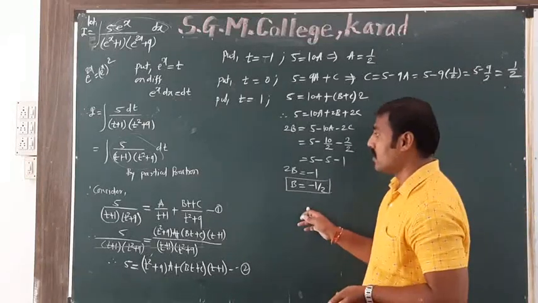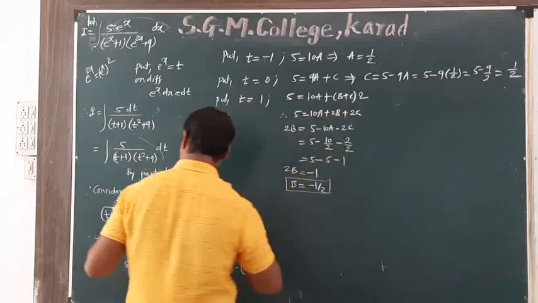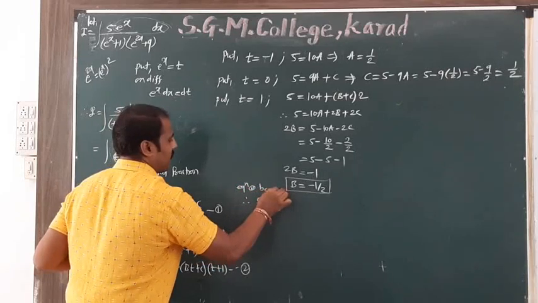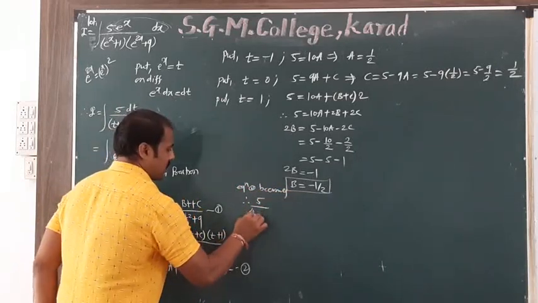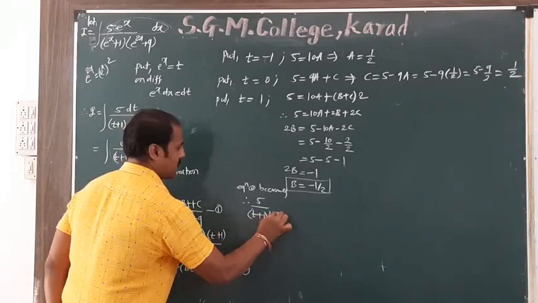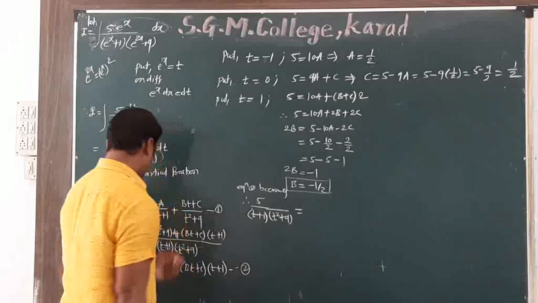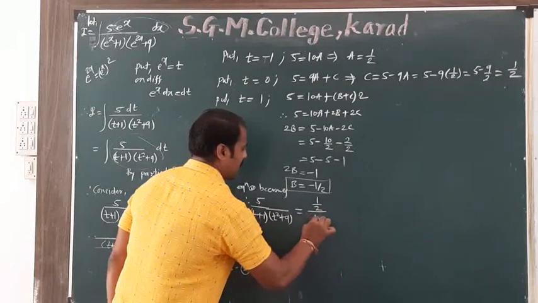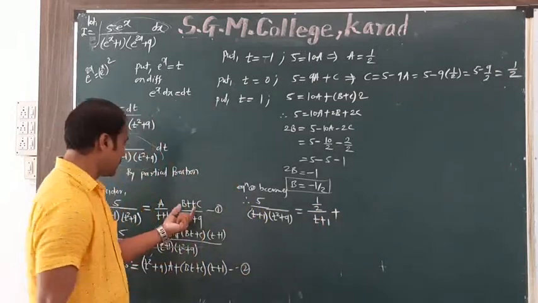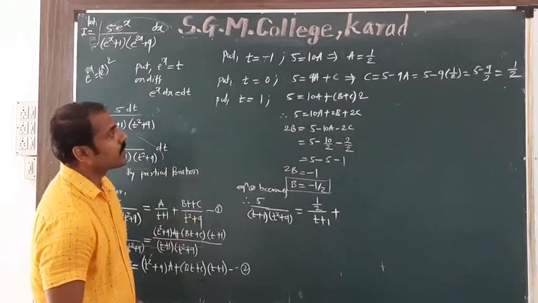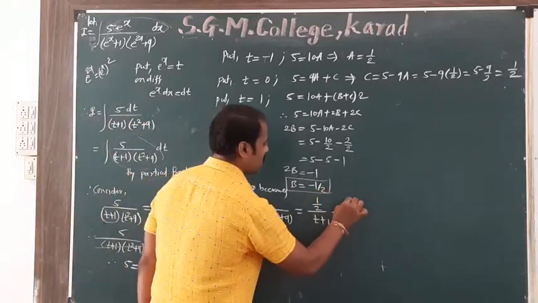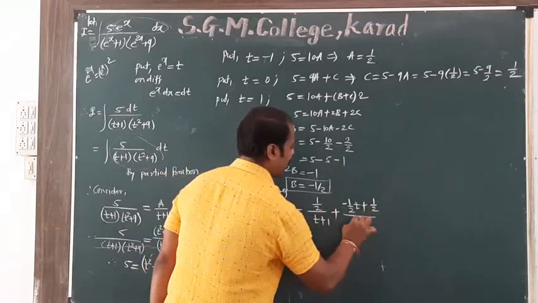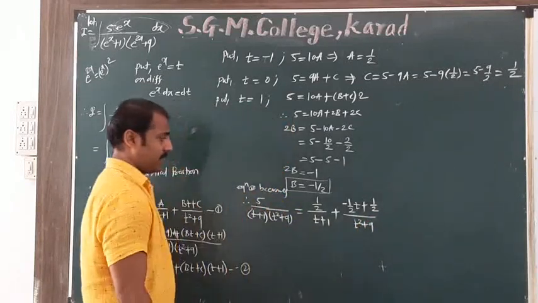So now equation first becomes 5 divided by (t plus 1) into (t square plus 9), which is equal to a divided by t plus 1, here 1 upon 2 divided by t plus 1, plus (bt plus c) divided by t square plus 9, where b is minus 1 upon 2 into t, plus c, which is half, divided by t square plus 9.